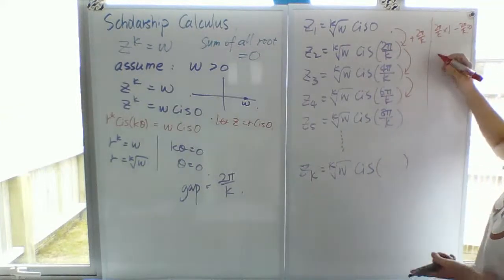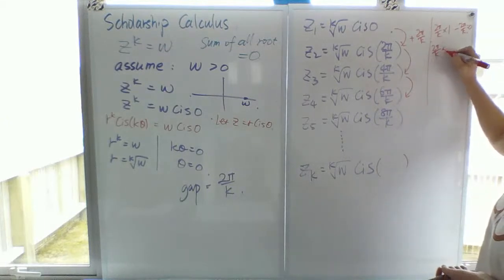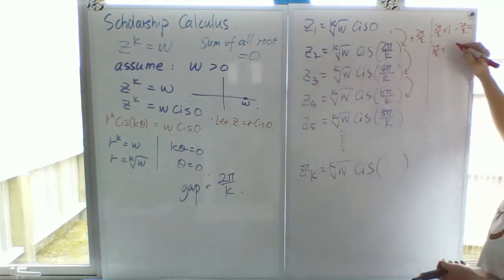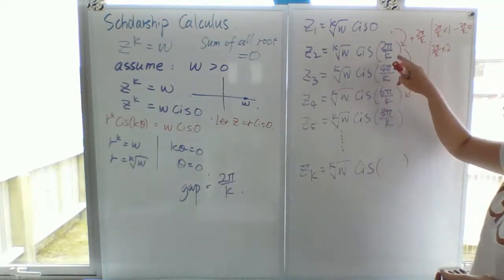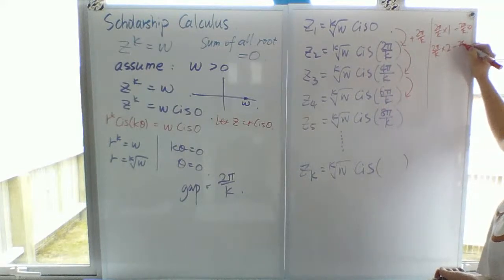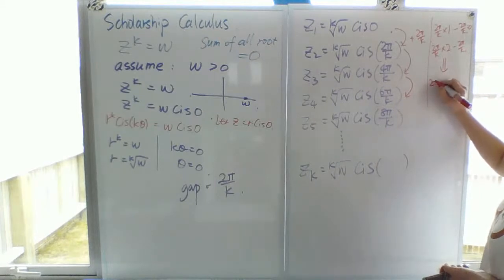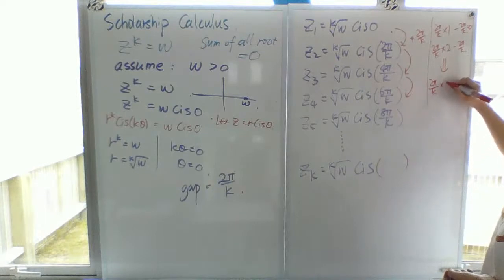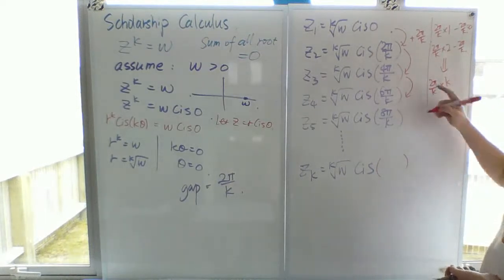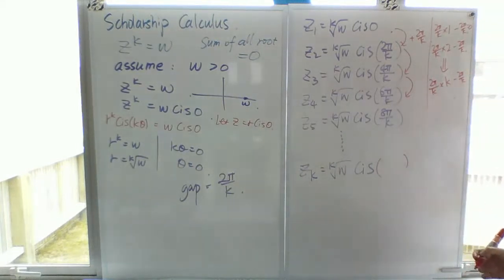Let's double check whether it works for the second one as well. The difference 2 pi over k times the second pattern number gives us 4 pi over k. In order to get 2 pi over k, I need to take away 2 pi over k. So the rule for this linear sequence is the difference 2 pi over k times k, take away 2 pi over k.